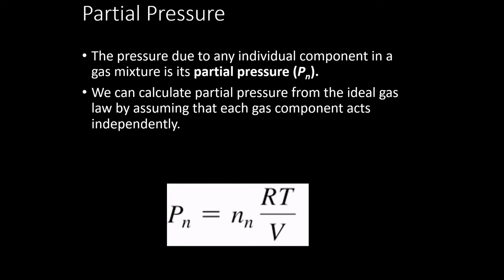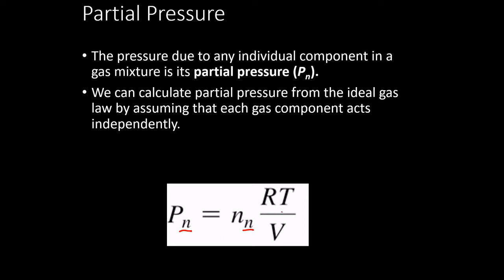We can take this a step further, though, because if we are interested in just the individual parts of the mixture, we can have an ideal gas law equation set up for each of those individual parts. Now, when we're looking at the ideal gas law, there's only two things in it that are dependent on the specific molecule that we're looking at.